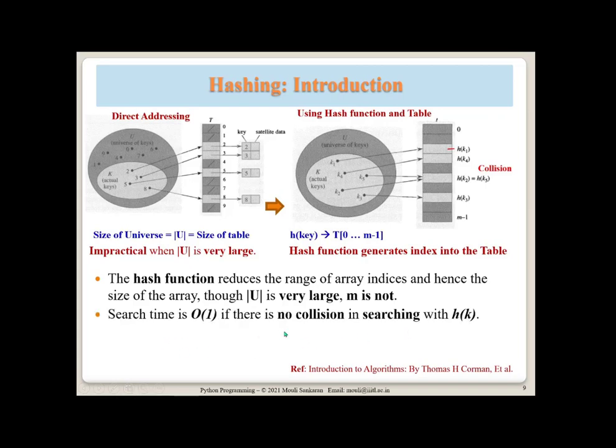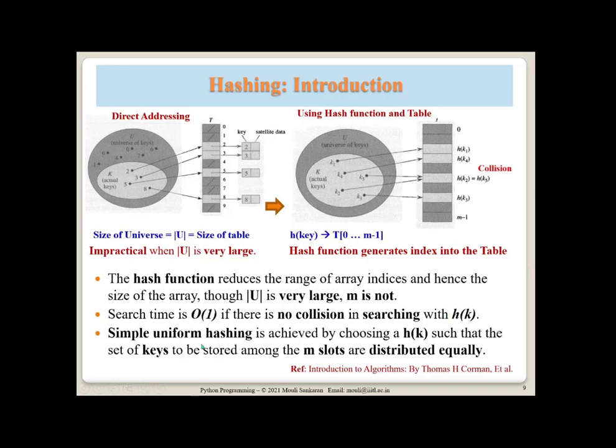Search time is order 1 if there is no collision in searching with the hash key. So if there are no collisions, you can search in order 1; the complexity is order 1. It doesn't increase based on the number of elements. Simple uniform hashing is achieved so that you can avoid collision.